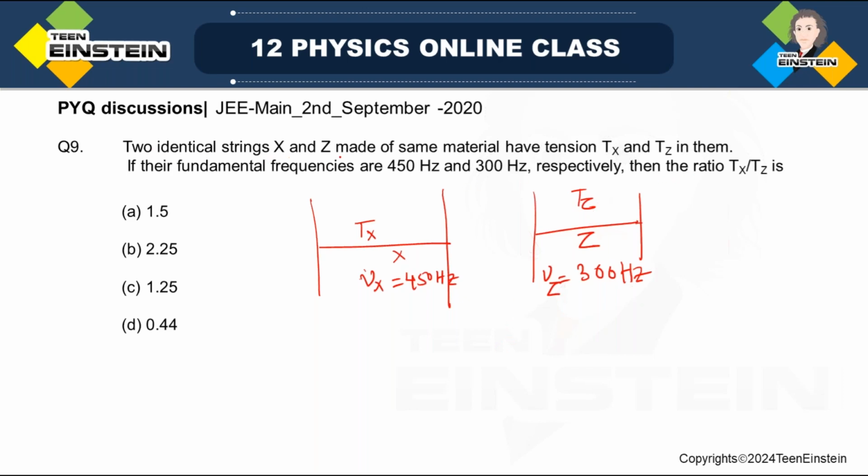So two identical strings X and Z, made of the same material, have tensions Tx and Tz respectively. Fundamental frequencies are given. The fundamental frequency in this case is v by 2L, v by 2L.